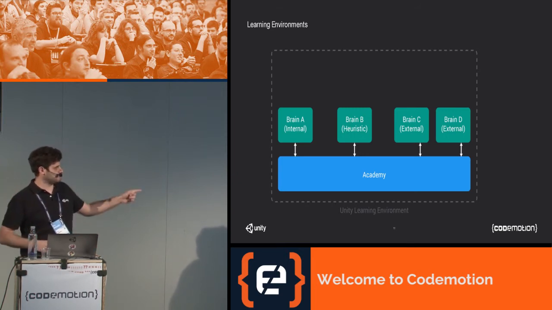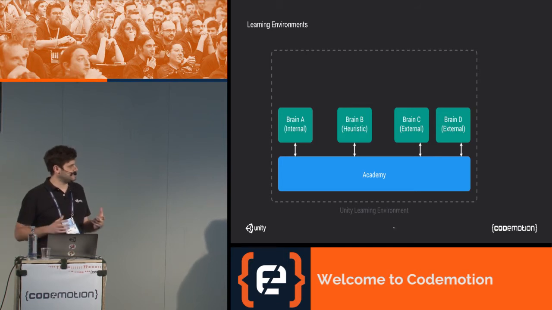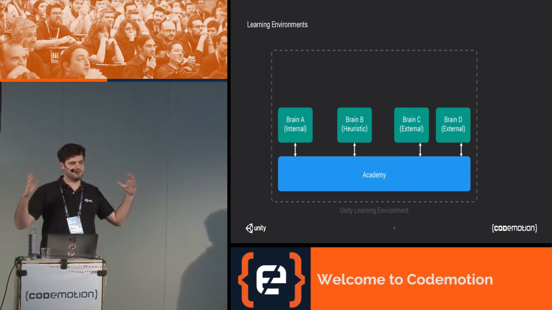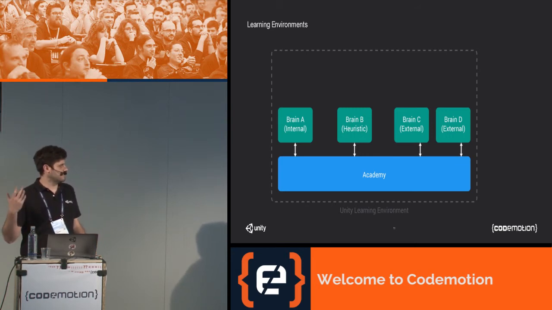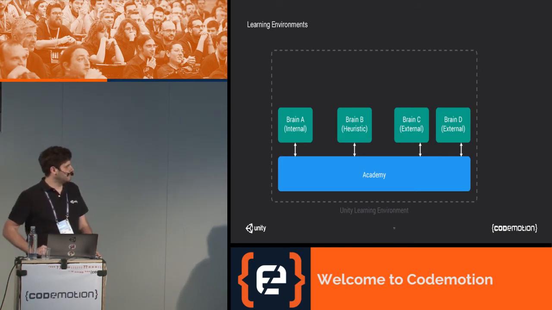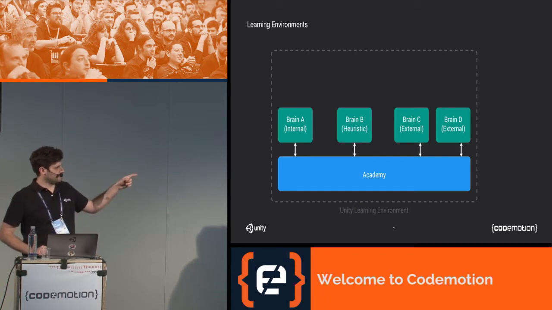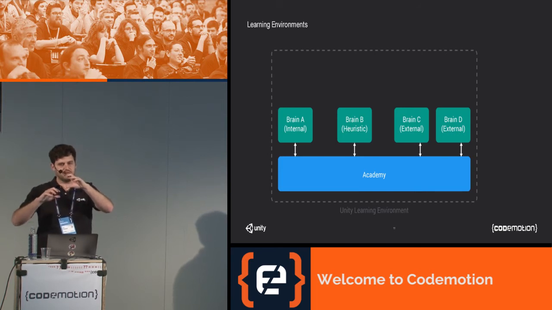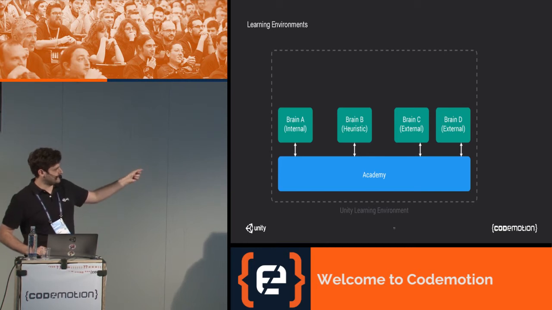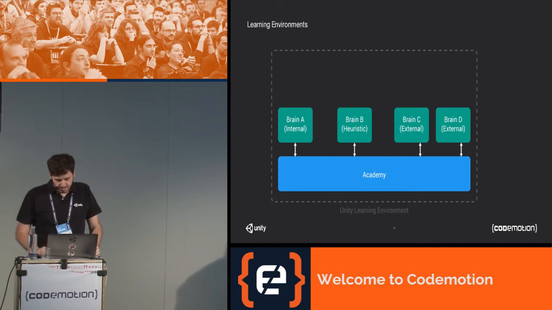You start with a component called the Academy, and the Academy defines the general variables of the environment: the speed, the ability to skip steps, and the resolution at which the environment runs. Then to this Academy, you connect a series of brains. Brains are another game object that sits under the Academy, and you can have as many as you want. As you can see, brains can be internal, heuristic, or external. I'm gonna explain what that means.